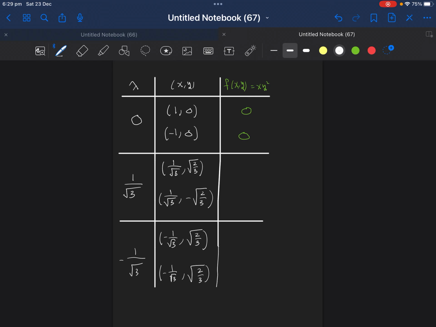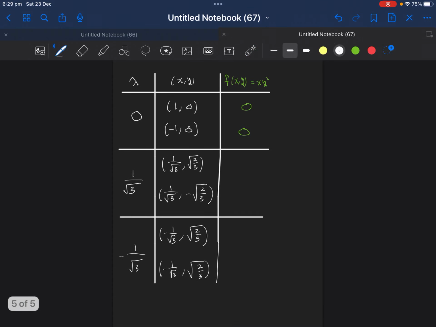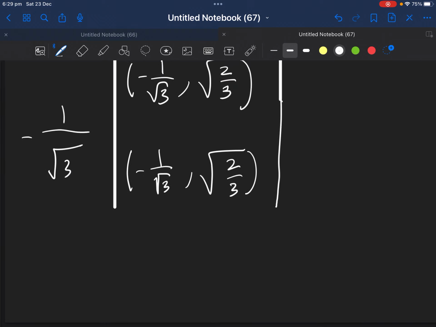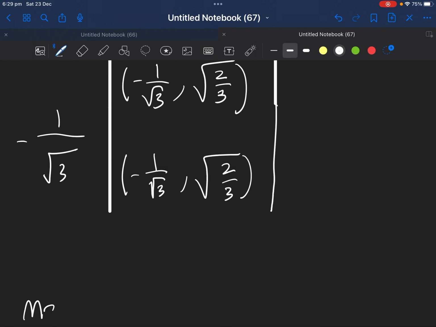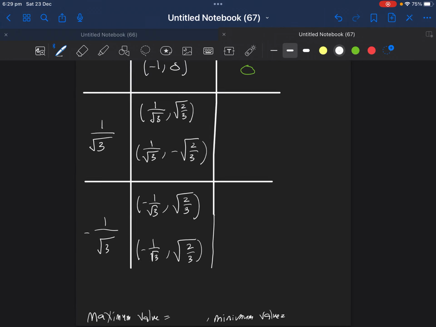And now the final step is we only need to evaluate those numbers, and then we will check who's the maximum of all will be the maximum value. So if you want, I can just write it down here, the maximum value equal, comma, minimum value equal.